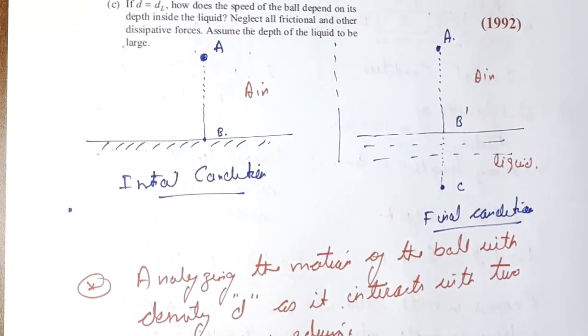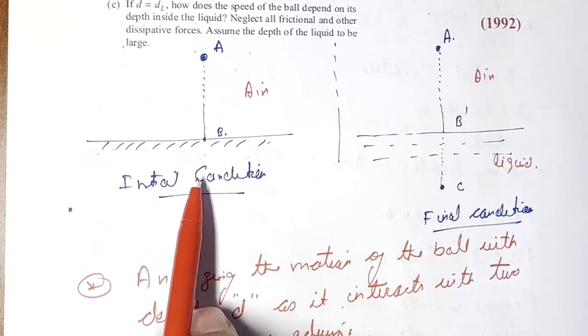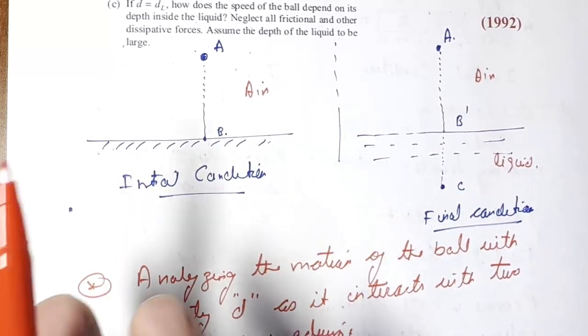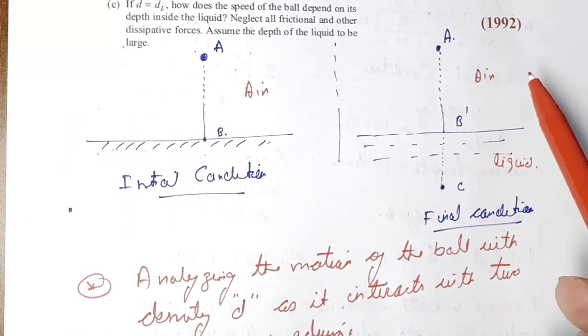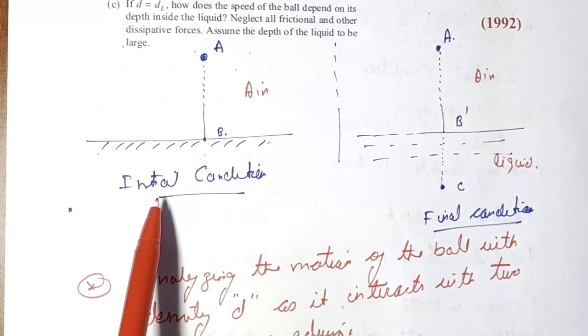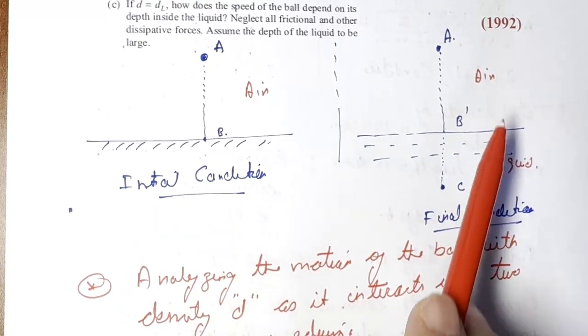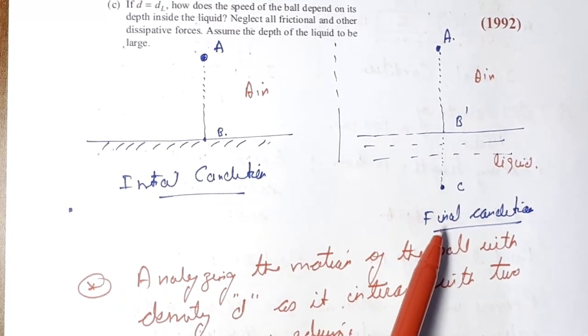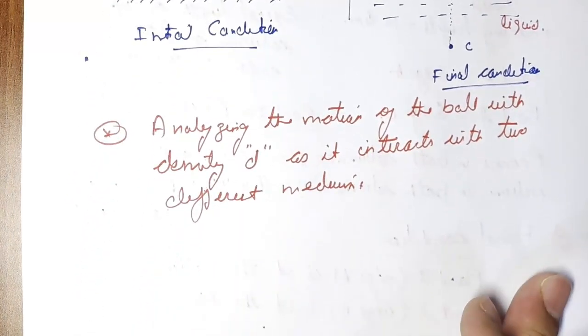Please keep in mind that the air medium in the initial condition and final condition is the same. So indirectly, we are only going to discuss two mediums, air, and when we discuss the air medium, we are discussing the initial condition medium as well as the final condition medium with respect to air, and the liquid medium is only available for the final condition.